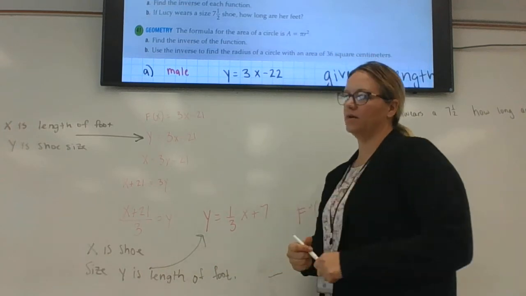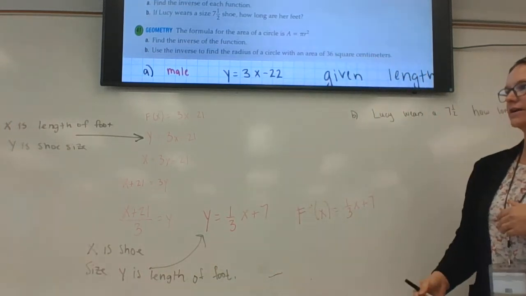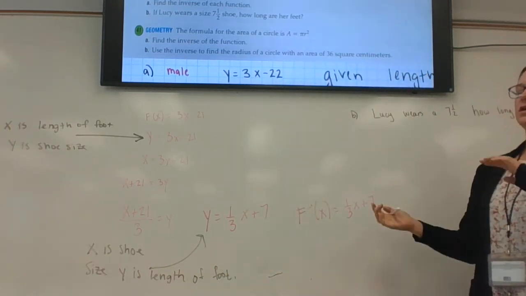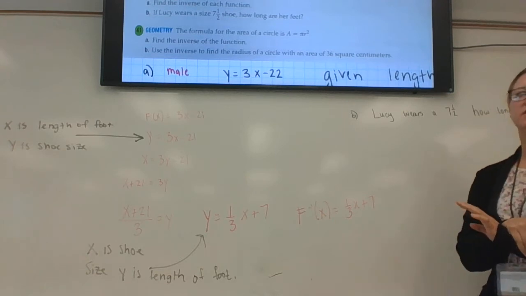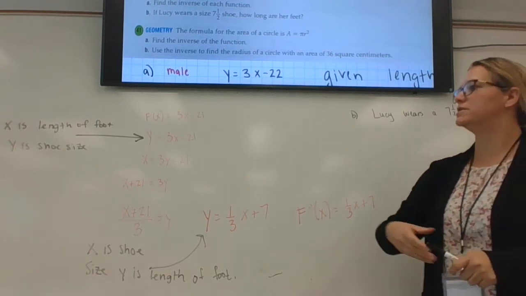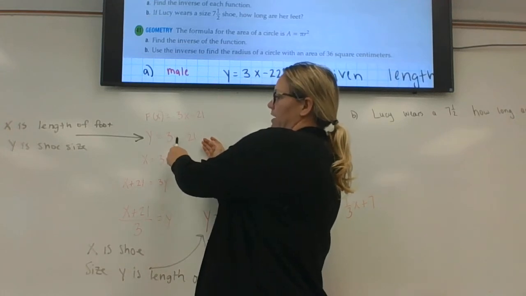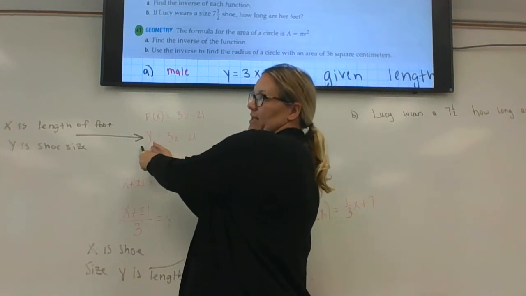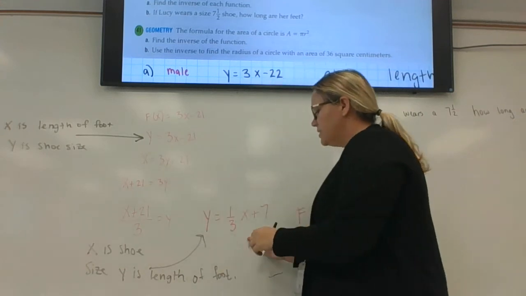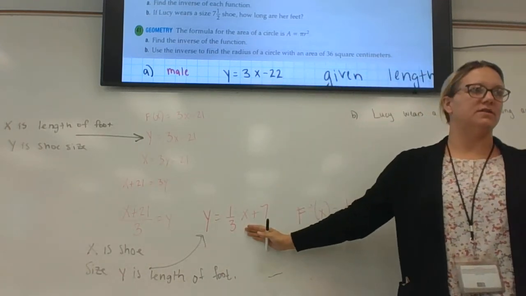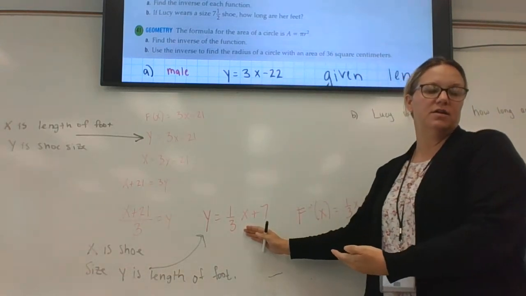And this is why inverse functions are actually important if you want your equation written differently because you have the other information. So in this equation, I would have the length of the foot and I would put it in here and it would tell me what shoe size I need. But in this equation, if I have a shoe size and I need to find the length of the foot.